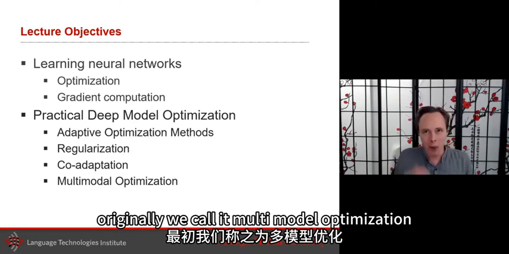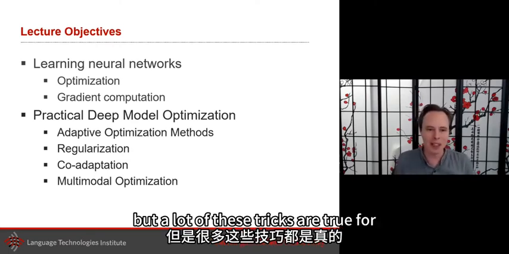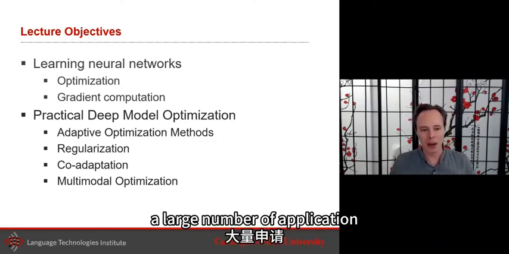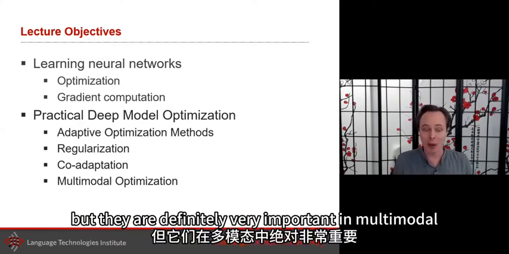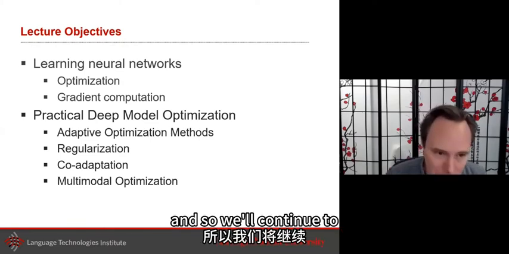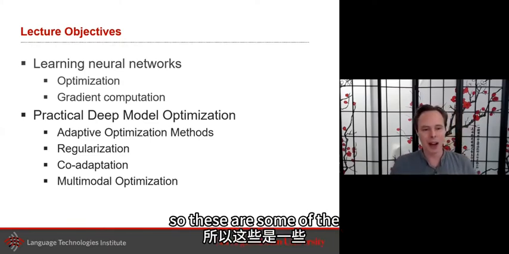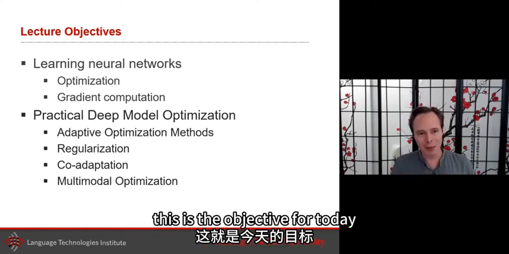Originally, we called it multimodal optimization, but a lot of these tricks are true for a large number of applications. So it's not just true for multimodal, but they are definitely very important in multimodal. So these are the objectives for today.